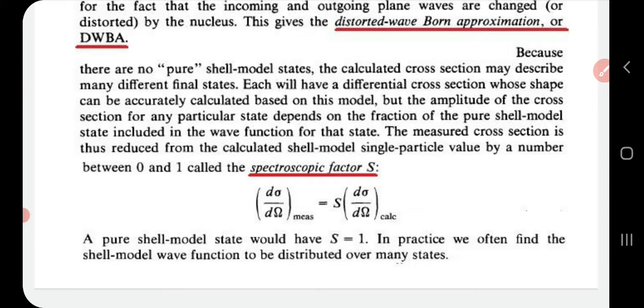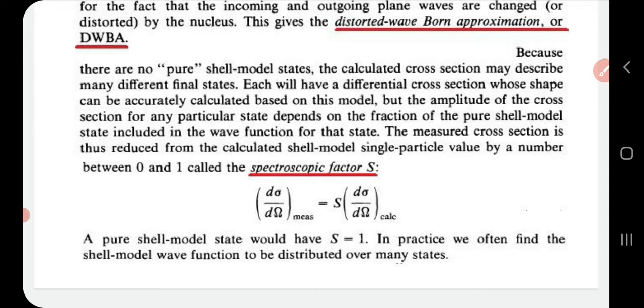Since there are no pure shell model states, the calculated cross-section will describe many different final states. Each of these states will have a differential cross-section whose shape is calculated based on the model, that is DWBA. But the amplitude of the cross-section depends on the fraction of pure shell model state included in the wave function for that state.